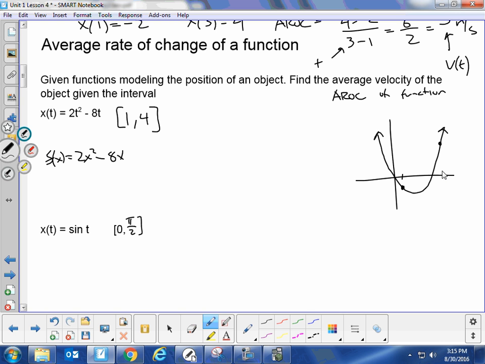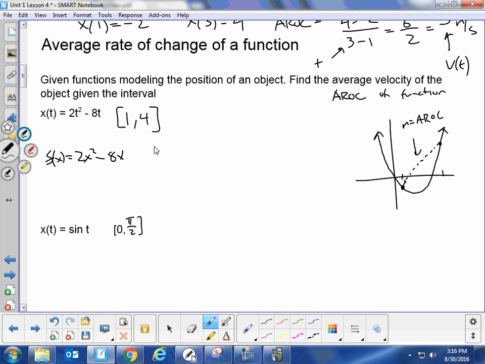At 1 and at 4, this line here, the slope is the average rate of change. Okay, so it's the change in my function values over the change in my inputs. So all I have to do to find this average rate of change, or to find the average velocity, is to find the 2 points.